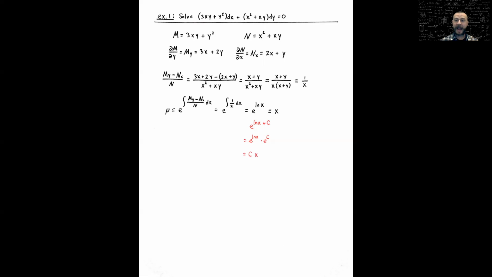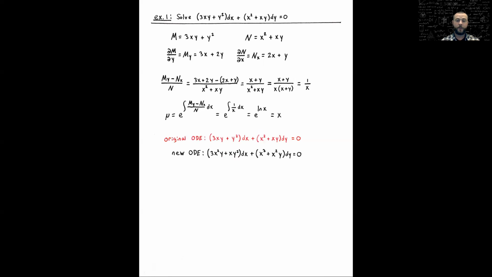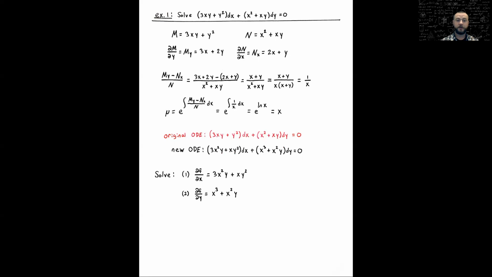All right, so let's multiply our original differential equation by x, and we get our new ODE. All the terms in there have been multiplied by x, our integrating factor. All right, what I'd like you to do is verify that this is now exact. I'll save that work for you, but it is exact, which means we can jump to our two equations here to solve for little f, the potential function.